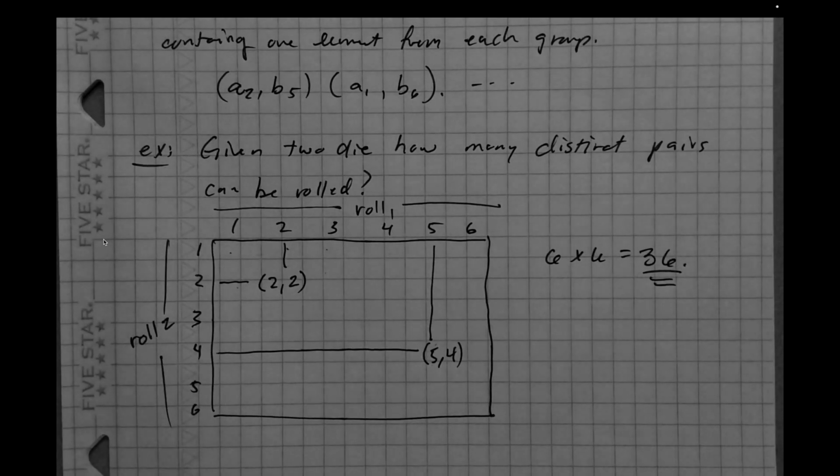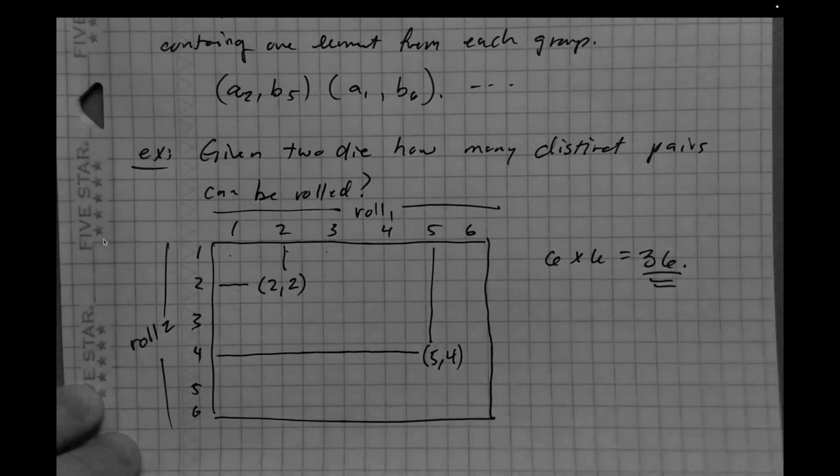We can use this as the blueprint for a sort of visual proof of the MN rule. You would just have to extend your grid to arbitrary dimension.